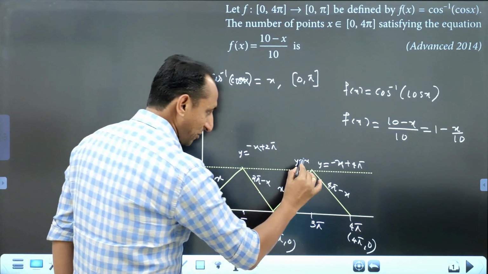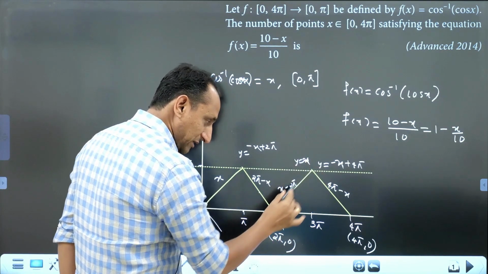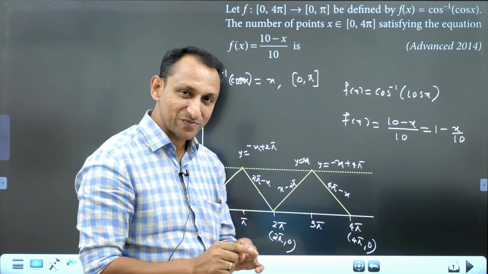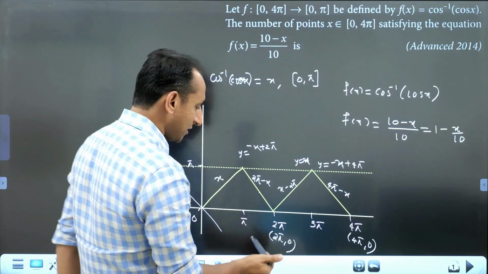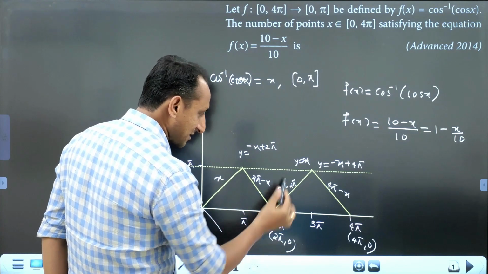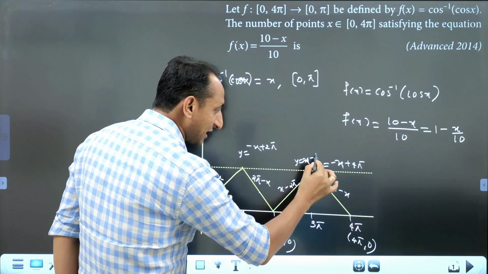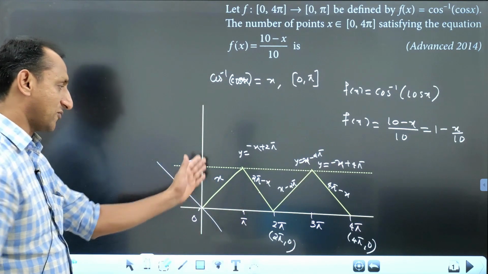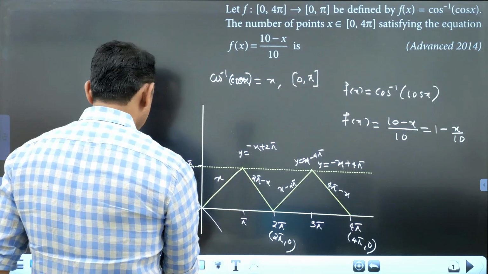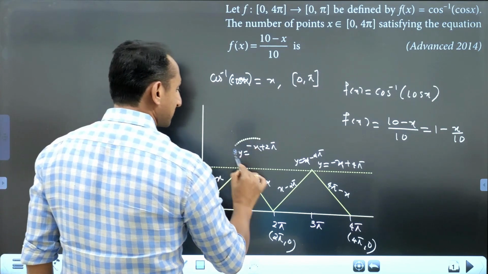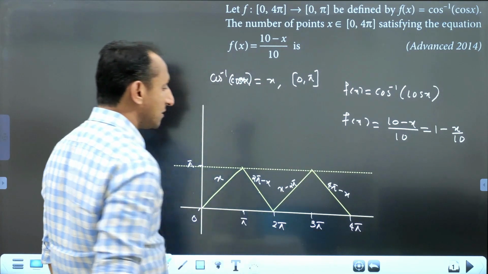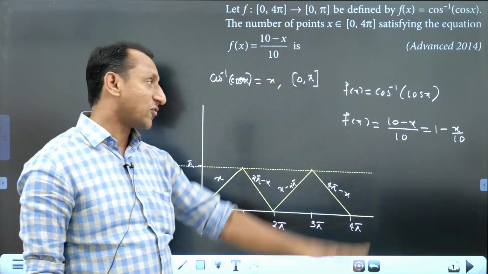This is of the form y equal to x, but this graph passes through the point 2 pi comma 0. So I write this as x minus 2 pi. When I substitute 2 pi here, answer becomes 0. Here the domain is from 0 to 4 pi.